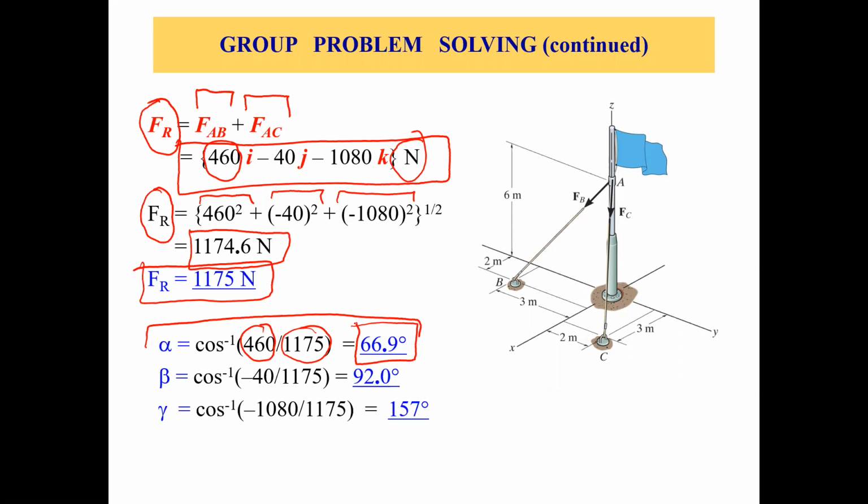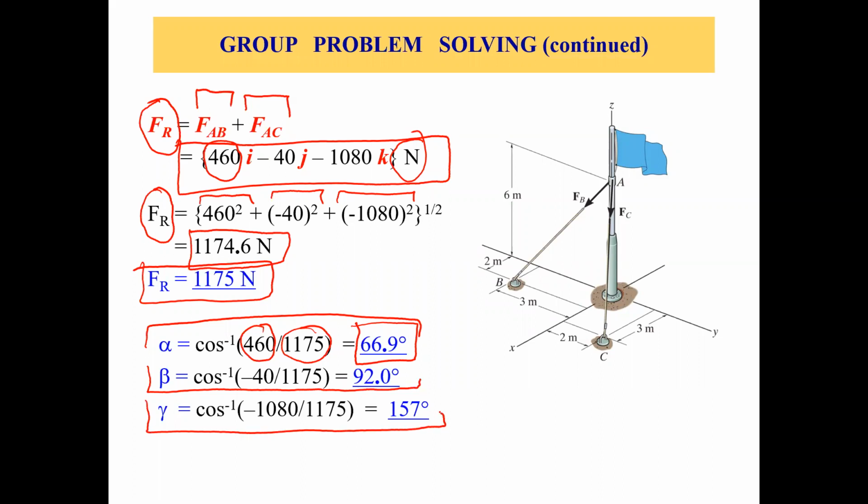Similarly, we get this beta as 92 degrees, but how do we get this? Y component of the resultant force divided by the resultant force. So negative 40 divided by 1175 will give you 92 degrees. So 92 degrees is the angle which this resultant force makes with the y-axis. Okay, and then let's talk about gamma.